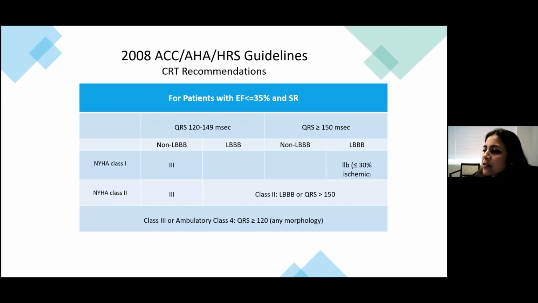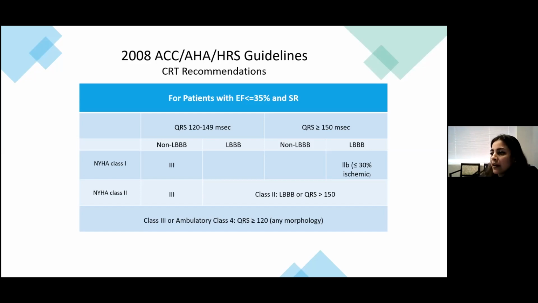If the patients have a borderline QRS, meaning it is less than 150 milliseconds and it's a non-LBBB pattern, and they are not that sick, they're functional class 1 or 2, then it's a class 3. We cannot put CRT in those patients. If the patients had LBBB, of course, they'll qualify for CRT.